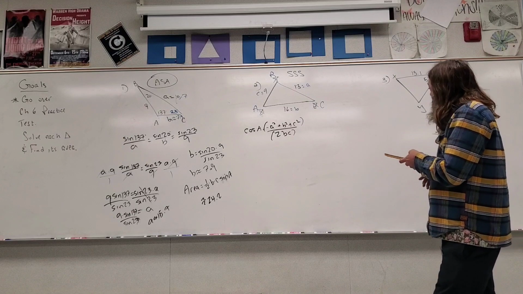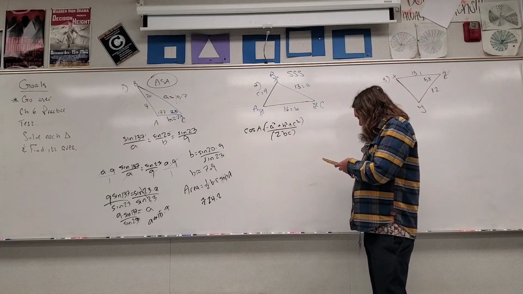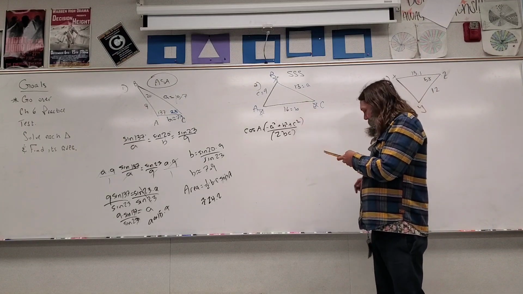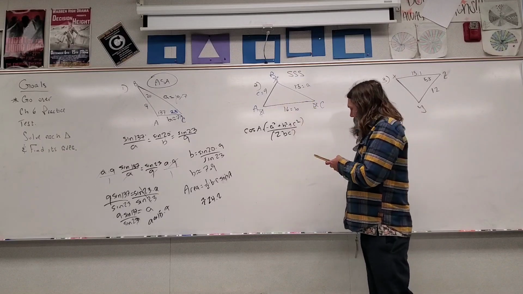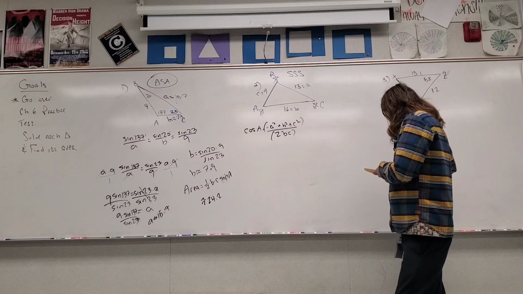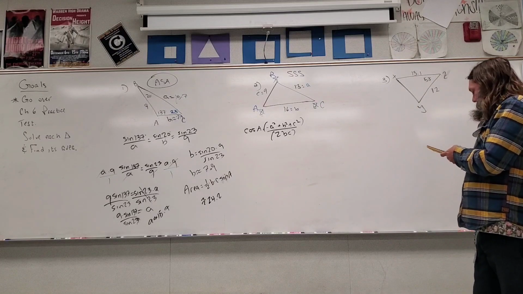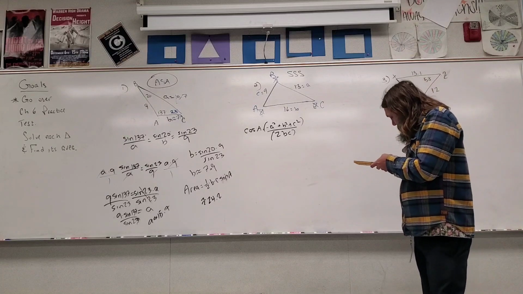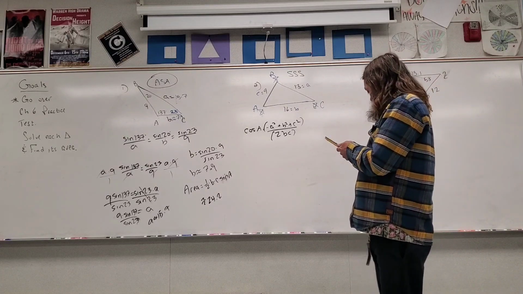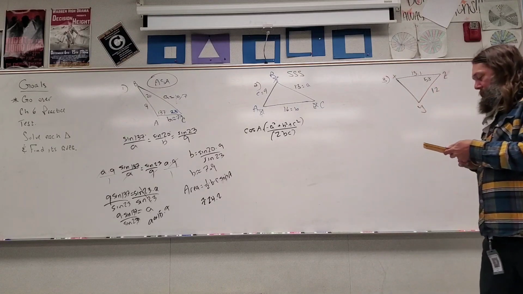Parenthesis, divide that by 2 times 16 times 9. Go ahead and put a parenthesis around the whole denominator. It's going to mess it up. 2 times 16 times 9, close the whole parenthesis, enter.